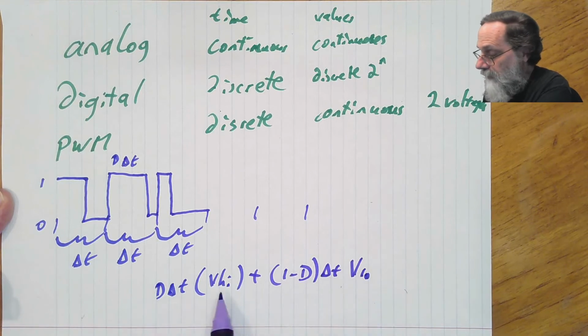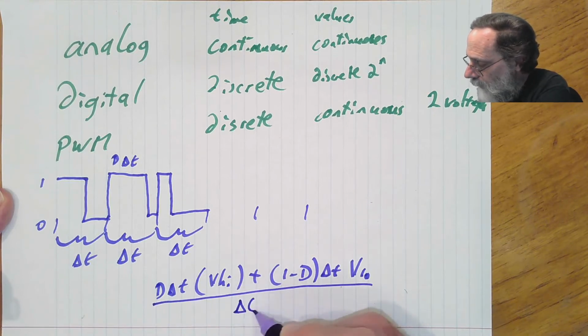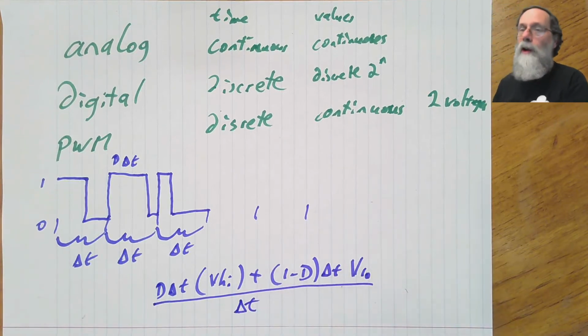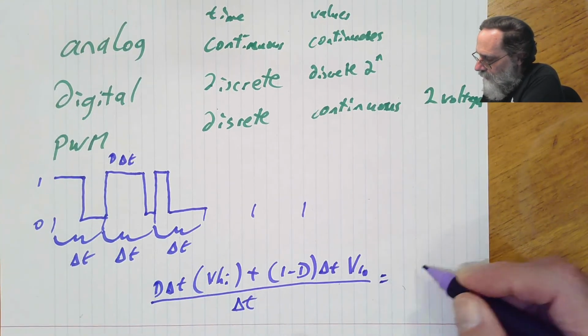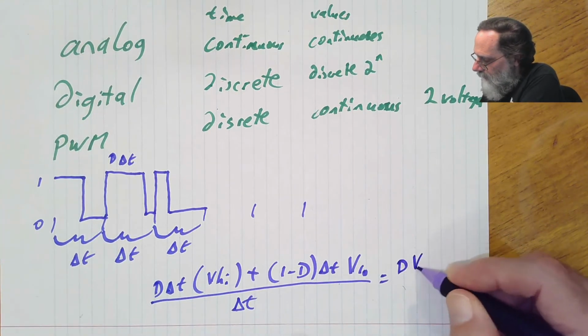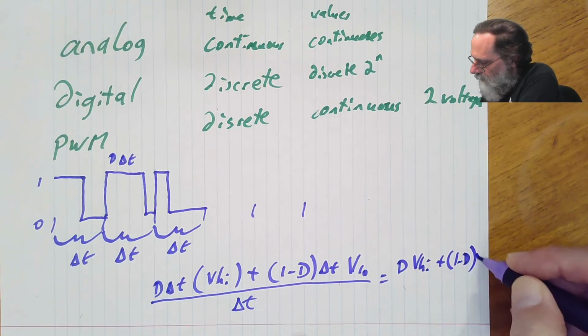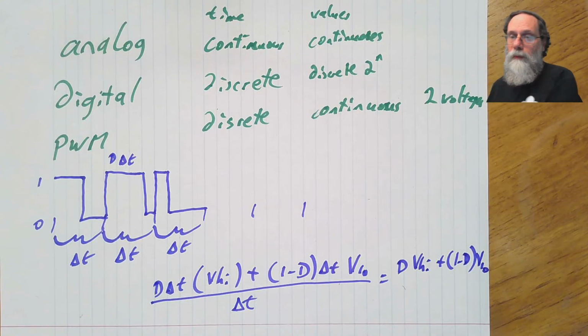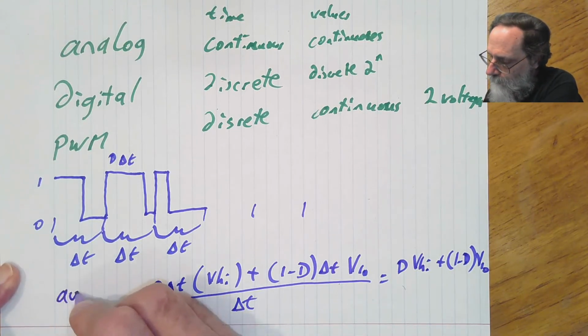So this much time at the high voltage, this much time at the low voltage, divided by the total time in that interval. Notice that all the delta t's here cancel, and so this is just equal to d v high plus 1 minus d v low. That's the average value.